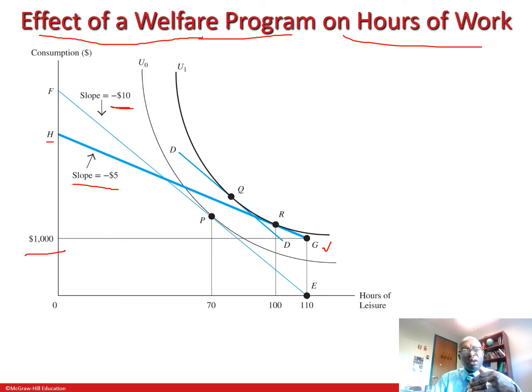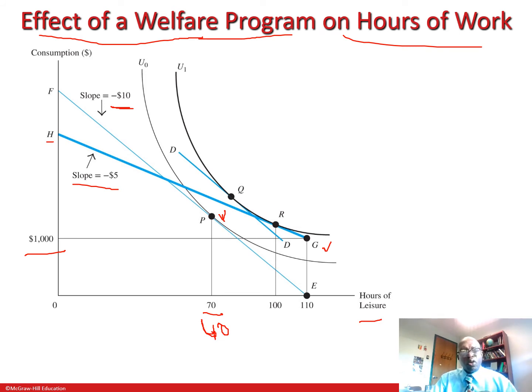So at the slope of -5, there is a reduction of 50% in taxes on labor earning. Because the worker was consuming at point P, spending 70 hours on leisure time, 40 hours were spent working per week.